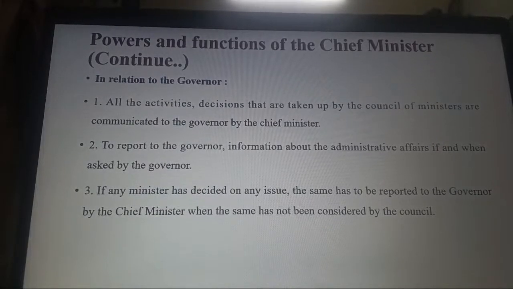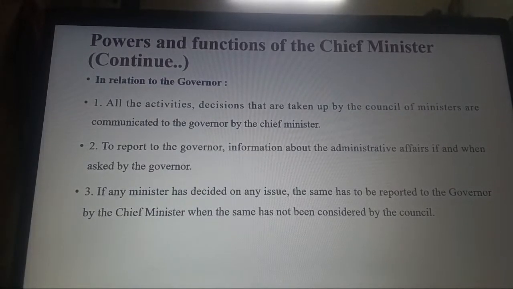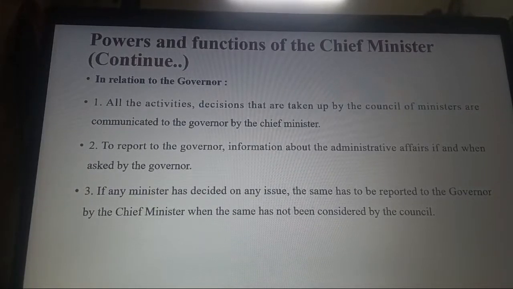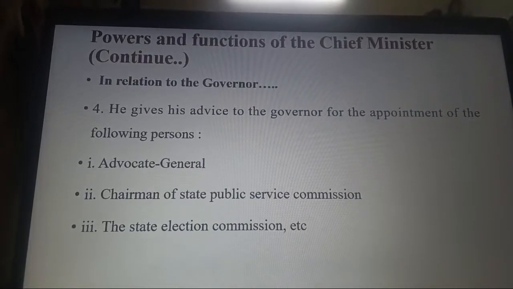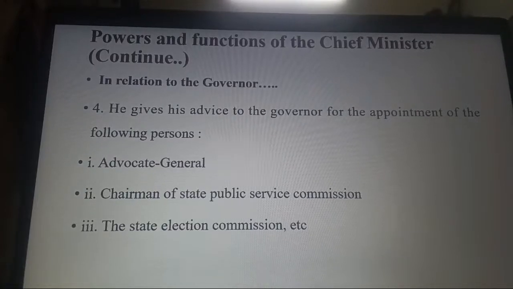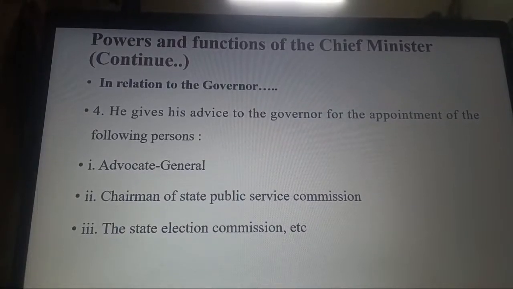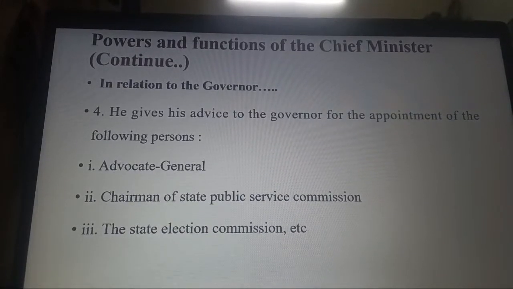If any minister has decided on any issue, the same has to be reported to the Governor by the Chief Minister when it has not been considered by the Council. He gives his advice to the Governor for the appointment of the following persons: Advocate General, Chairman of the State Public Service Commission, the State Election Commission, etc.